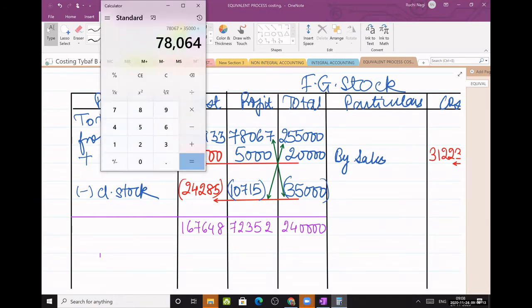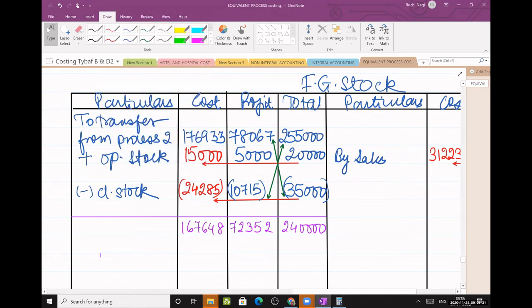78,067 into 35,000 divided by 2,54,000 transfer price. So 10,715 is my profit element, rounded off. Out of 35,000, 10,715 is your profit element.